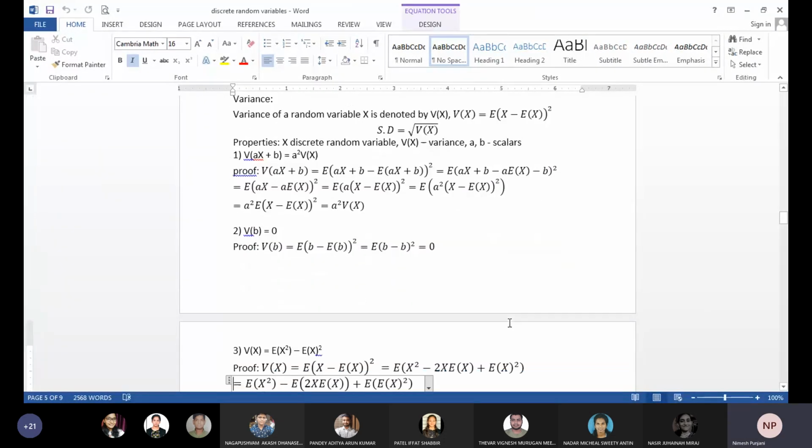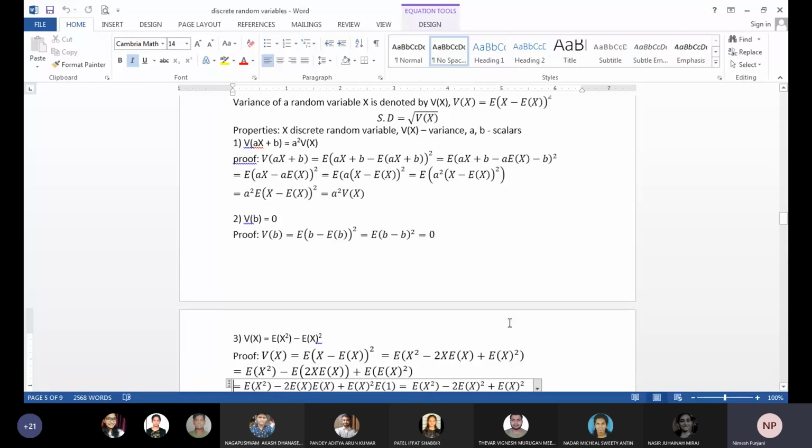Third property: variance of x you can also write as expected value of x square minus square of the expected value of x. Again I repeat, variance can be written as expected value of x square minus square of the expected value.